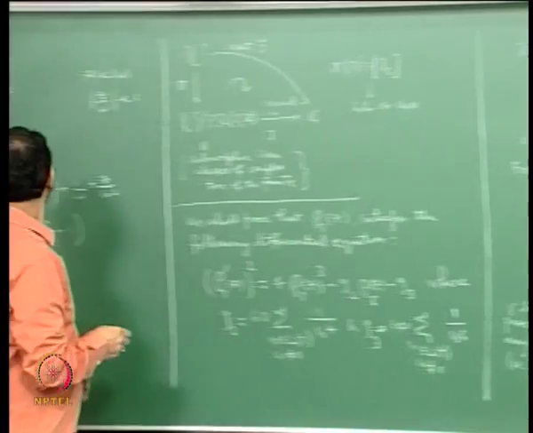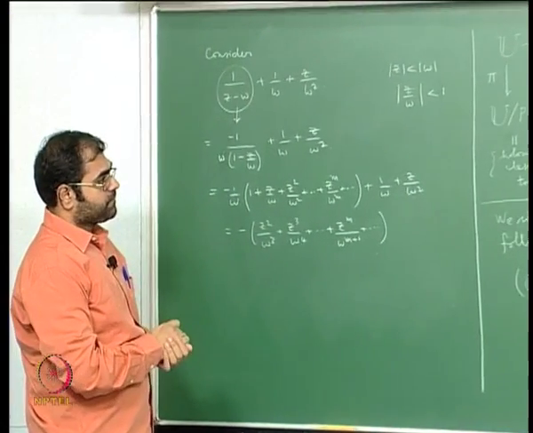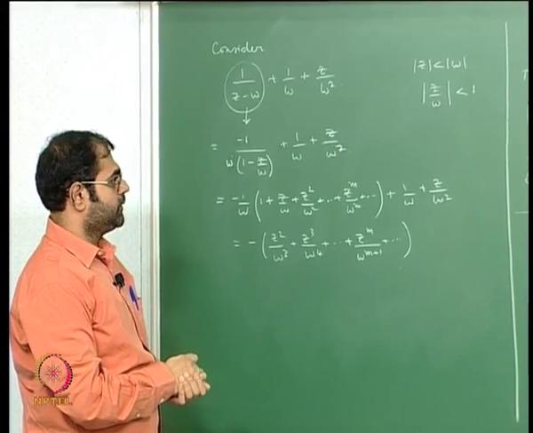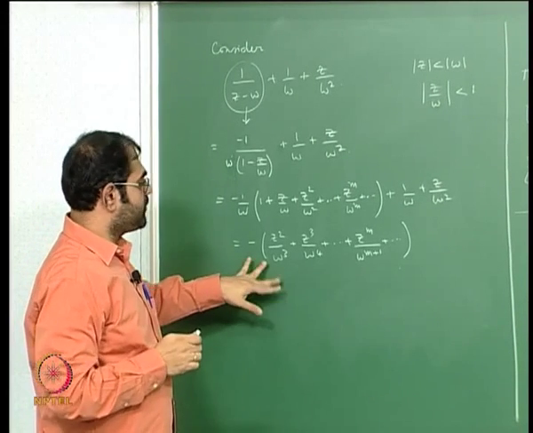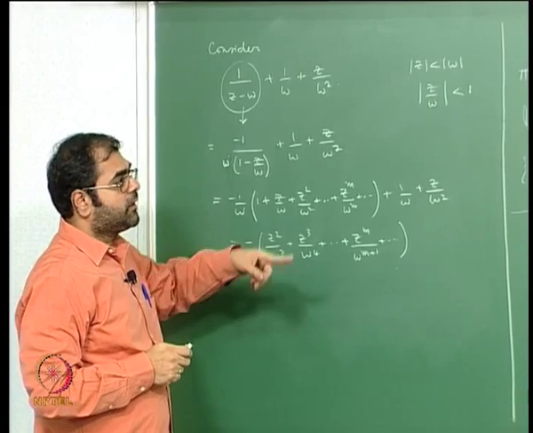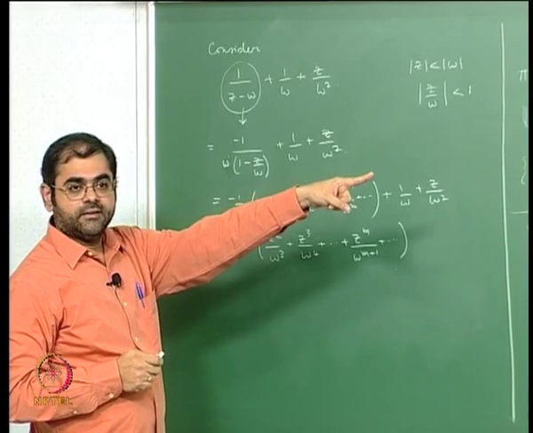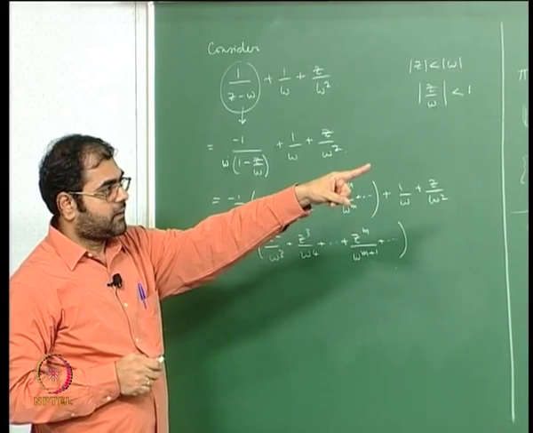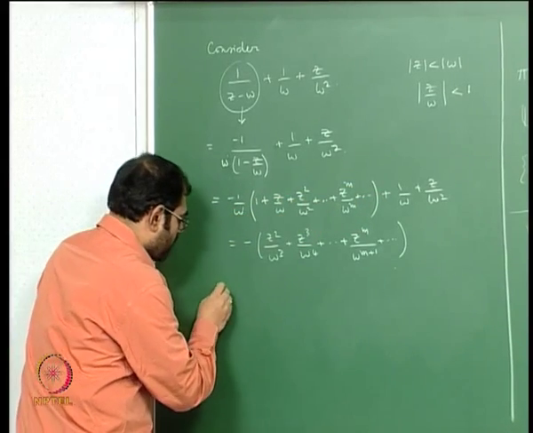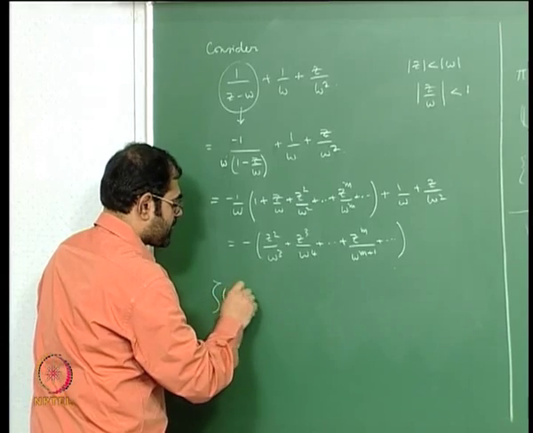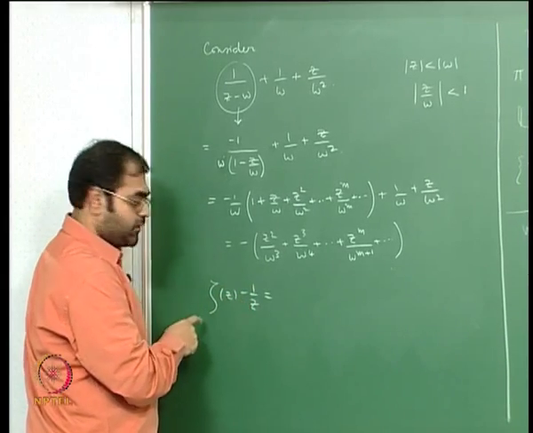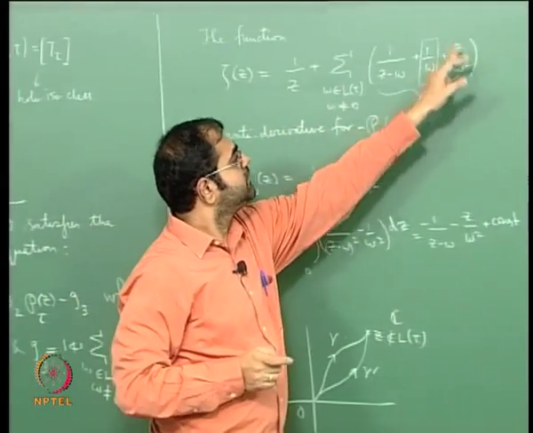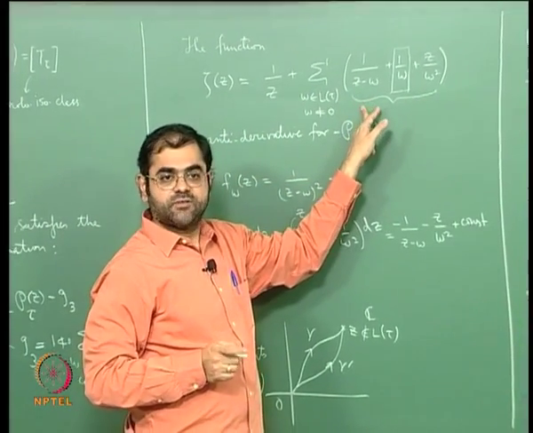Now what you do is you use this computation to get hold of the Laurent expansion at the origin for zeta, and how does one do it? One takes zeta of z minus 1 by z. Now this difference is actually the summation of terms, each of which we have expanded.